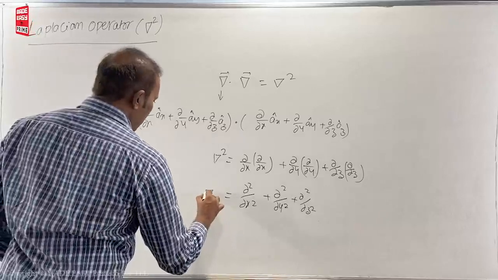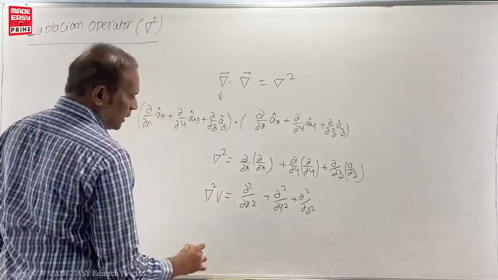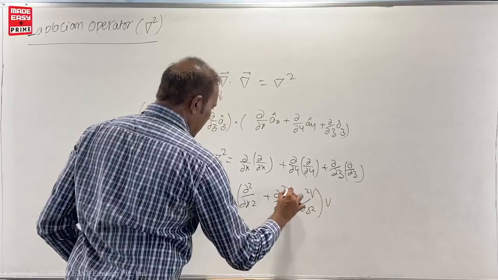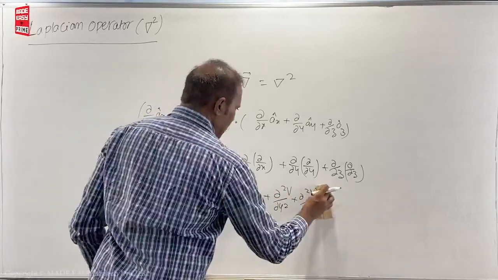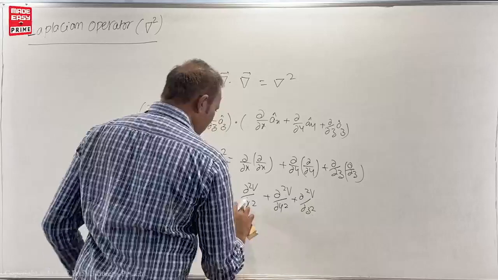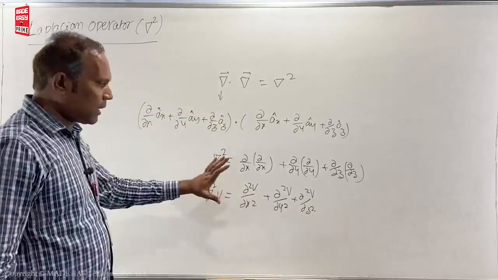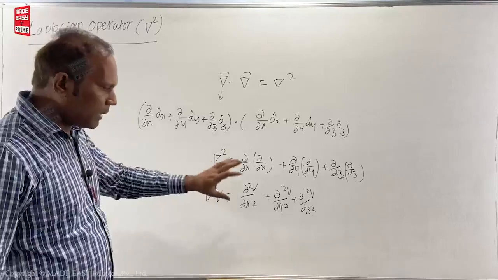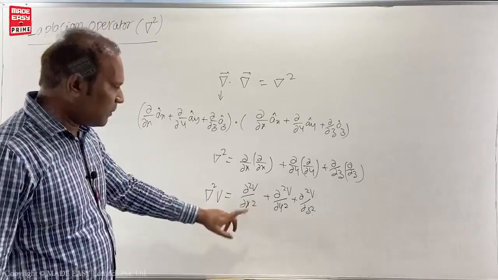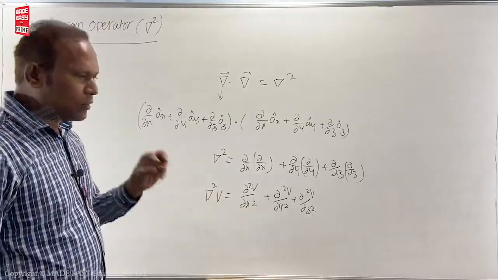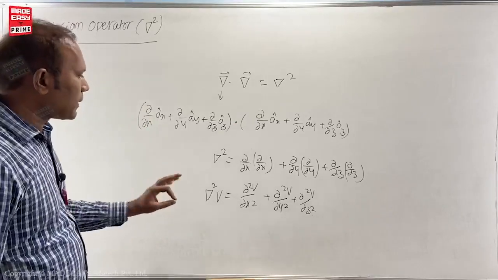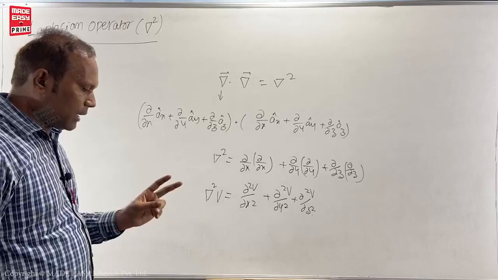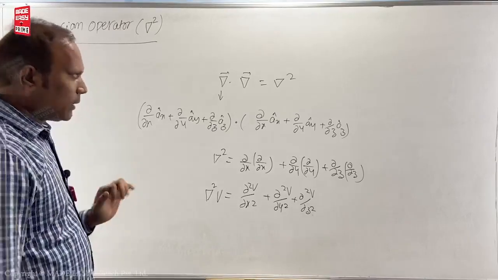Now if you take any scalar v, then that scalar comes here, then that goes here, here, here, like this. But actually it is not that simple. This is not the actual derivation. The derivation is different, but anyway the formula is this one. In mathematics, del square v has a derivation in the rectangular system, cylindrical system and spherical system, in the three coordinate systems.